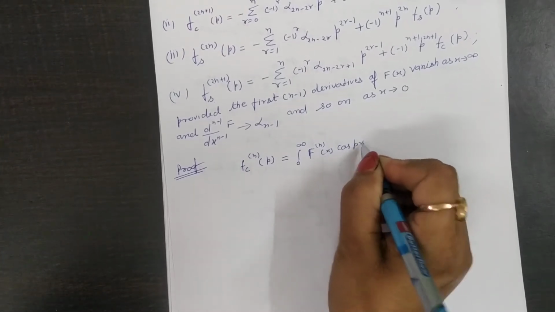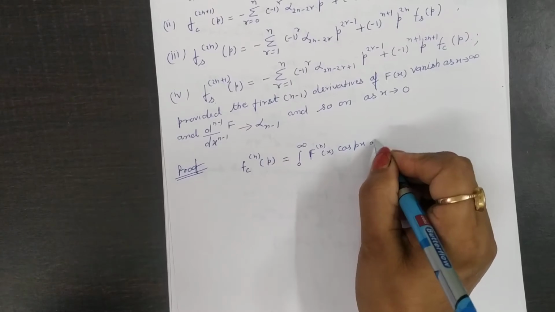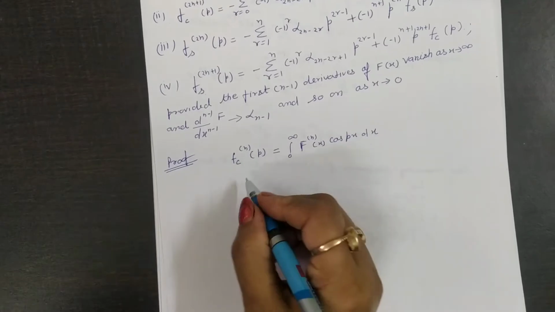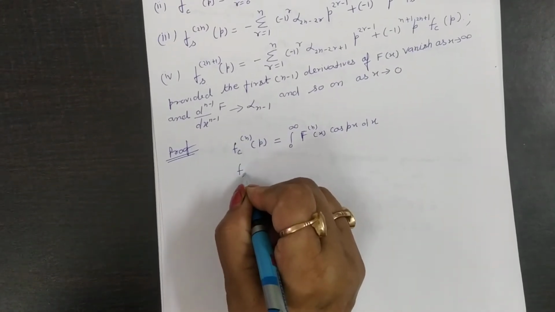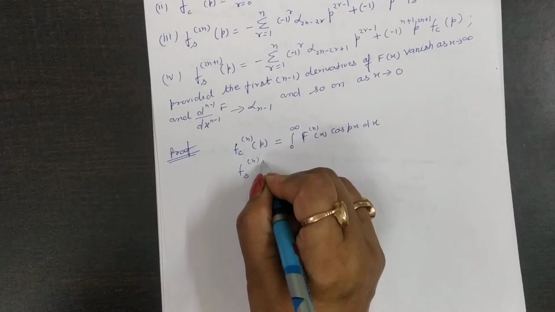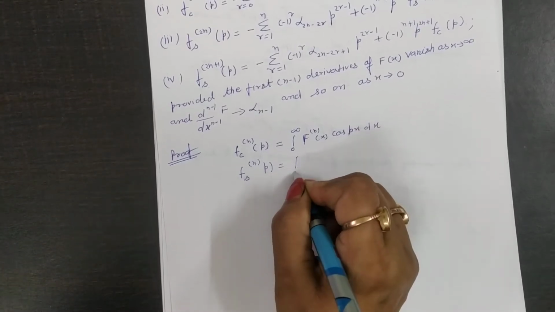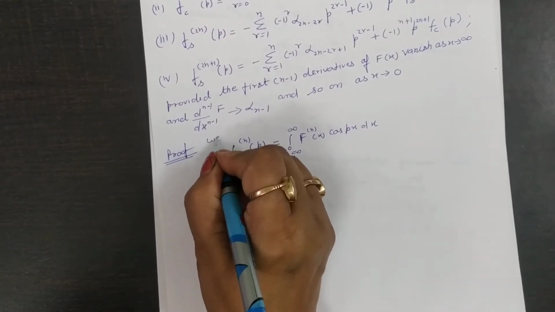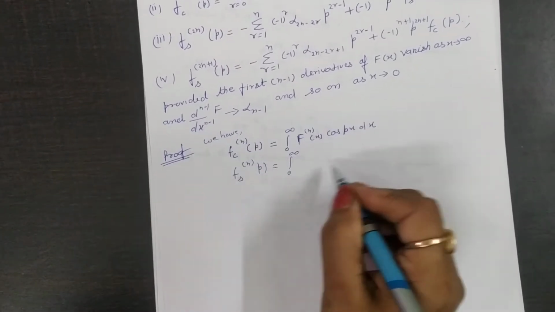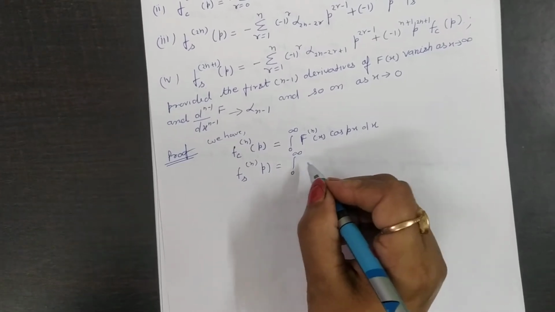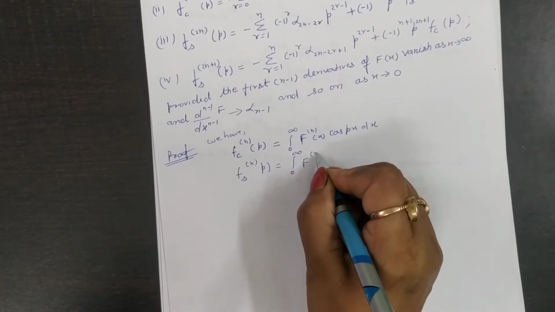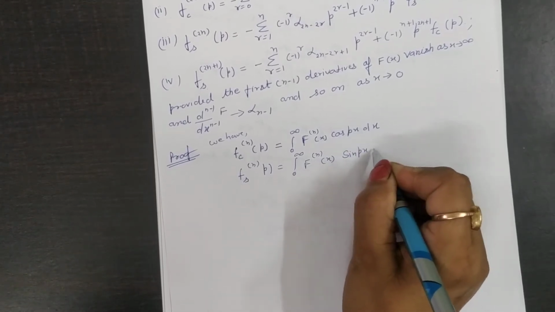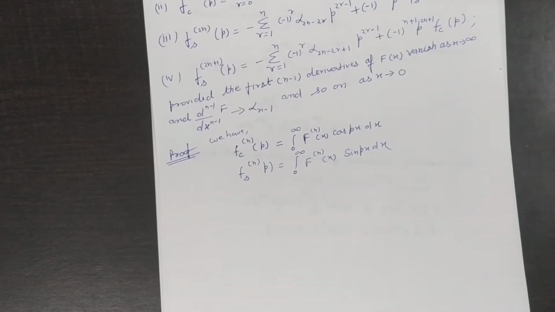This is the definition of the cosine transform. And you also know that F_s of the nth derivative of p can be defined as the integral from 0 to infinity of the nth derivative of f(x) times sin(px) dx. Clear? You know these two.